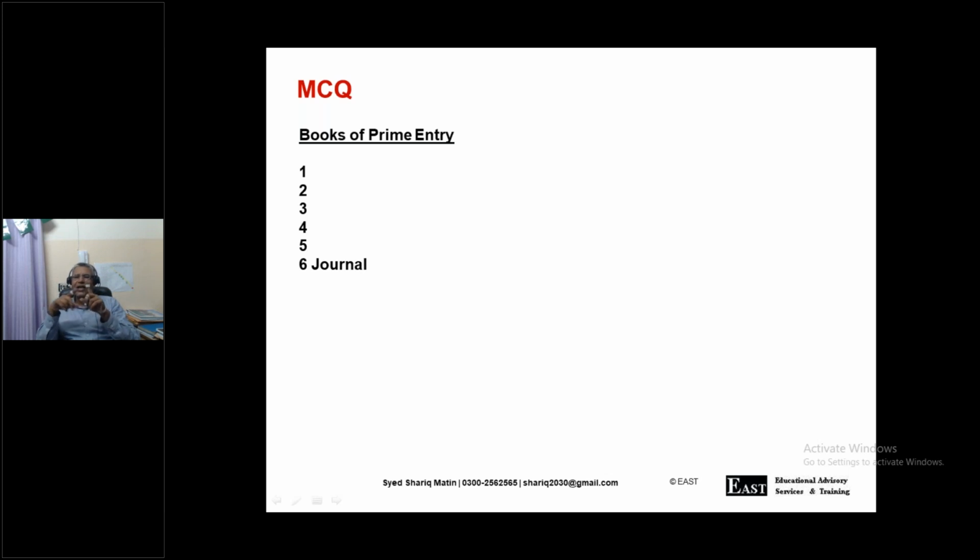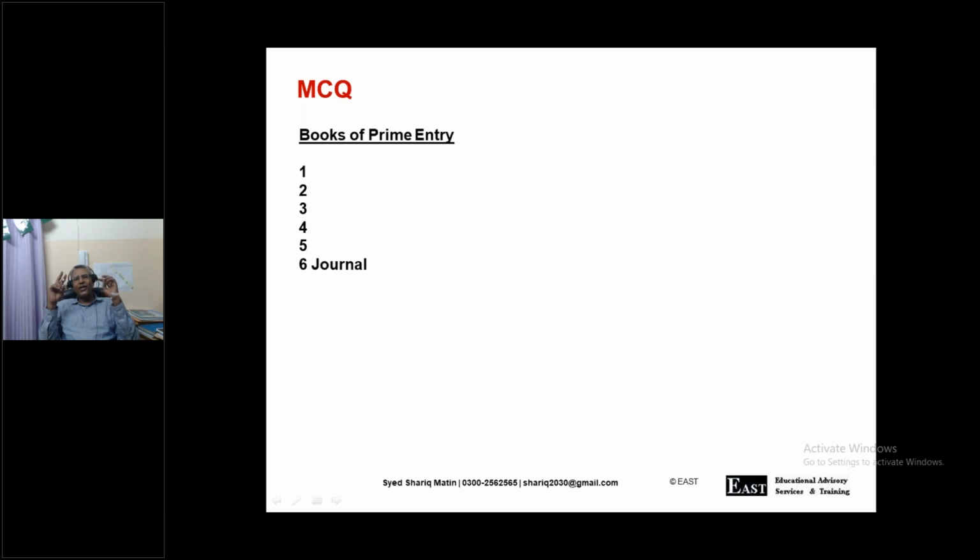Whereas Purchase Day book again records only one thing, and that is goods bought on credit, goods purchased from credit suppliers. Return inwards or Revenue Return book records goods returned by credit customers, only one thing, right? Return outwards or Purchase Return book records only goods returned to credit suppliers.